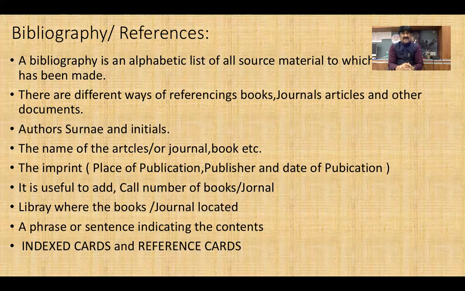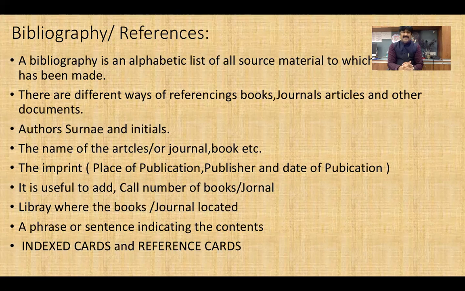When we gather knowledge from the various textbooks, research articles, edited books, research papers, journals, and proceedings of conferences, you have to compile a complete list in alphabetical order, which is known as the bibliography or references.